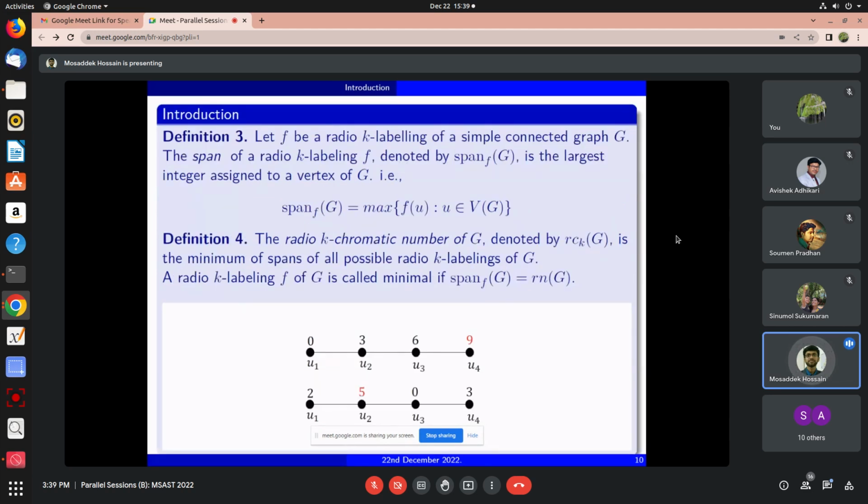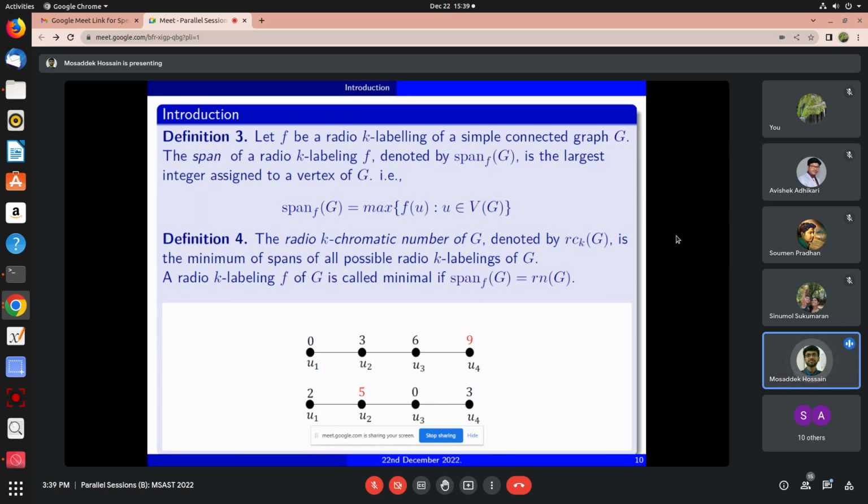Let f be a radio k-labeling of a simple connected graph G. The span of a radio k-labeling f, denoted by span f(G), is the largest integer assigned to a vertex of G. That is, span f(G) is equal to the maximum of f(u) such that u belongs to V(G). And definition 4, the radio k-chromatic number of G, denoted by rc_k(G), is the minimum span of all possible radio k-labelings of G. A radio k-labeling f is called minimal if span f(G) is equal to rc_k(G).